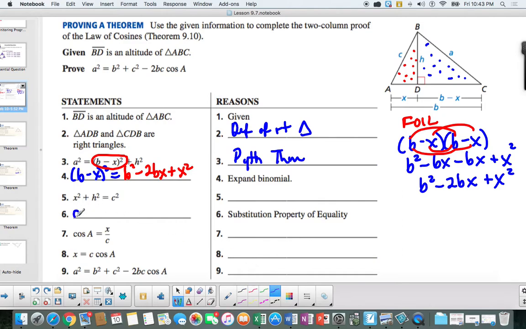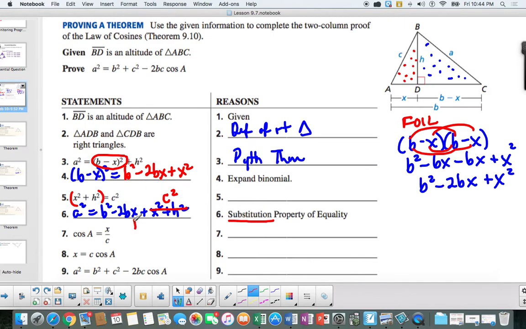I'm going to say a squared equals, and then I'm going to write this, b squared minus 2bx plus x squared plus h squared. Now this part right here, x squared plus h squared, I can cross out and replace it with c squared. And that's the substitution property.